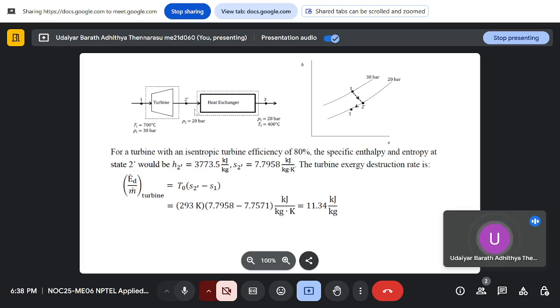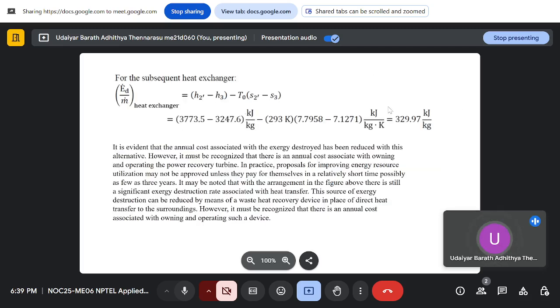So this is at lower temperature, so my exergy is lower in the heat exchanger in the second case. Because of that, I have to reject a lesser amount of heat in the heat exchanger, and that has reduced my exergy destruction in the heat exchanger to 329.97.